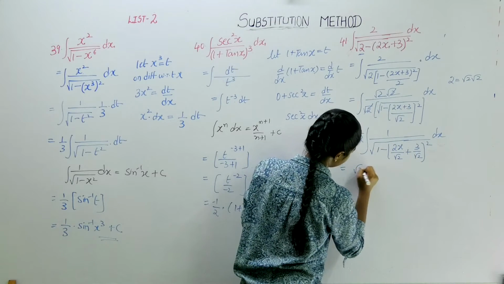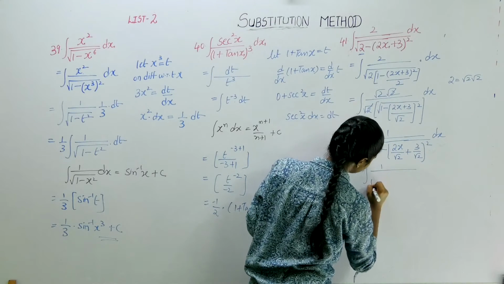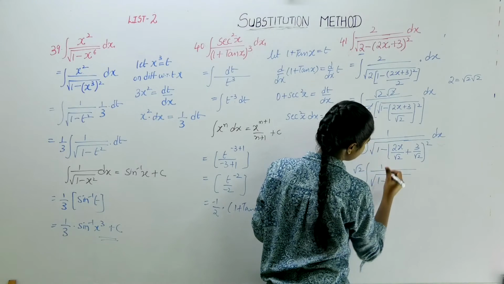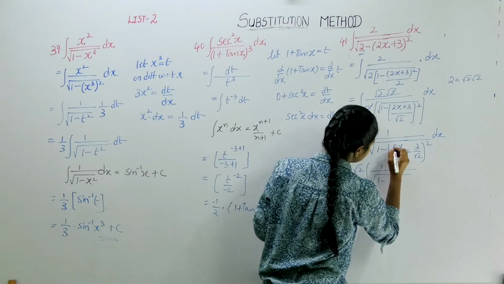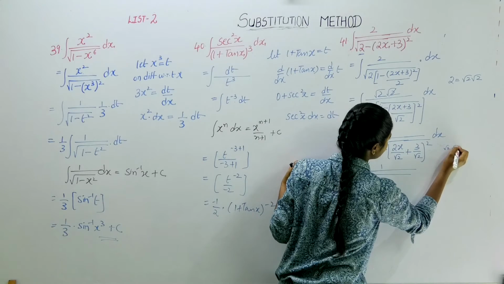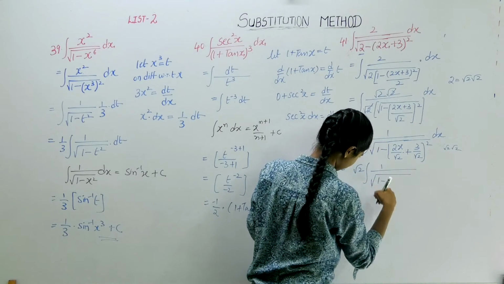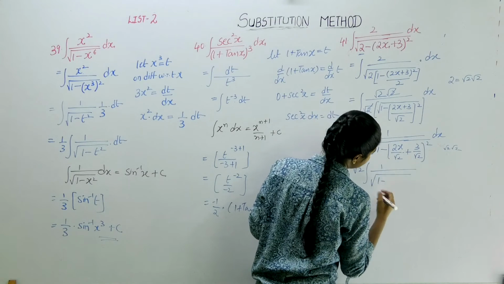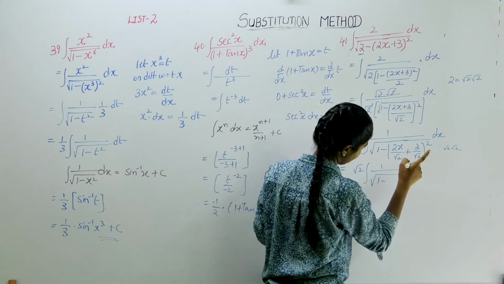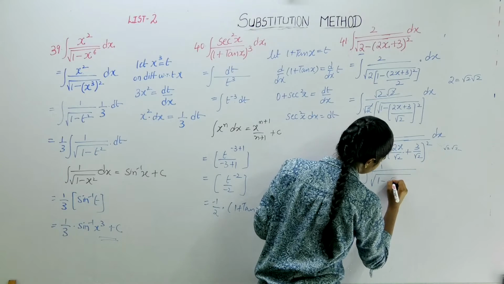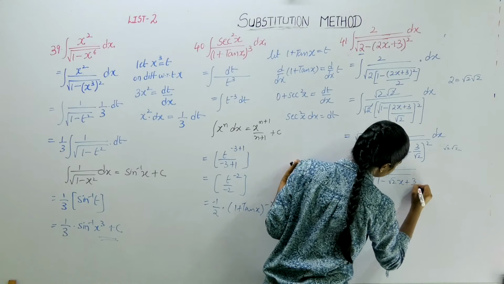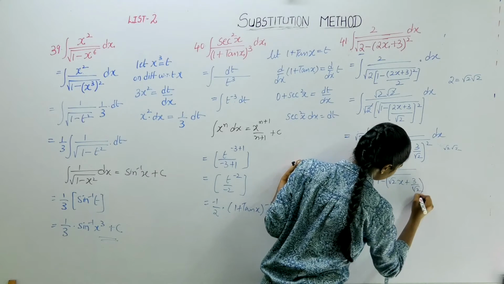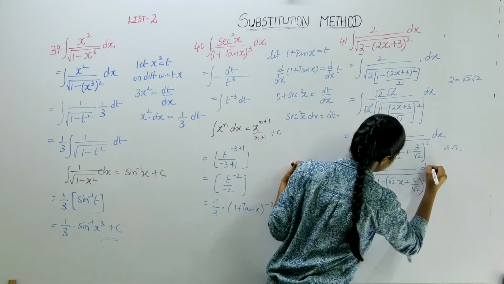It is equal to root 2 integral 1 by square root of 1 minus, these 2 can be assumed as root 2 into root 2, 1 root 2 gets cancelled, and we are left over with (root 2 x plus 3 by root 2) whole square dx.